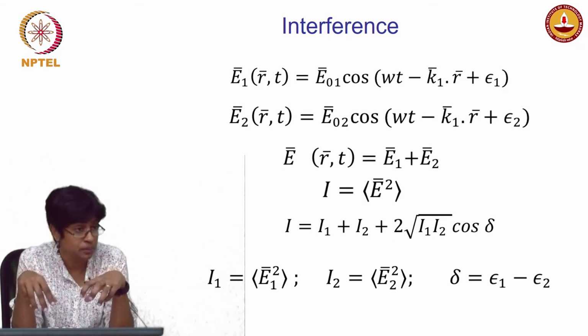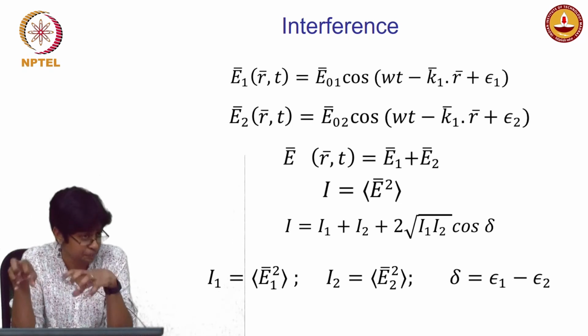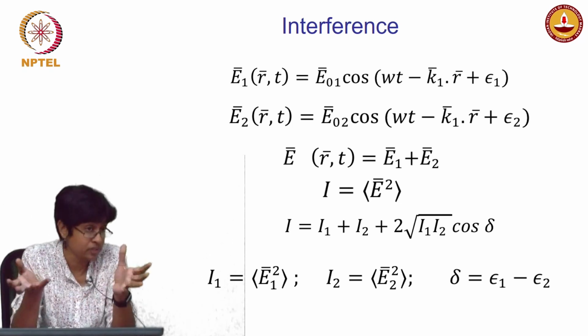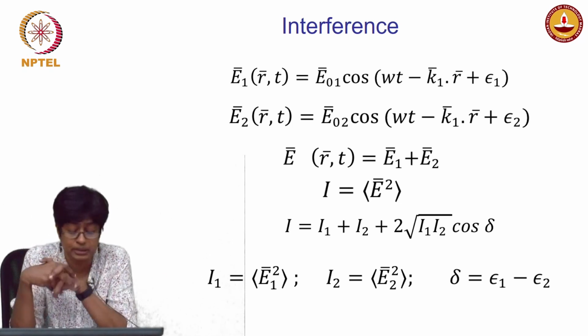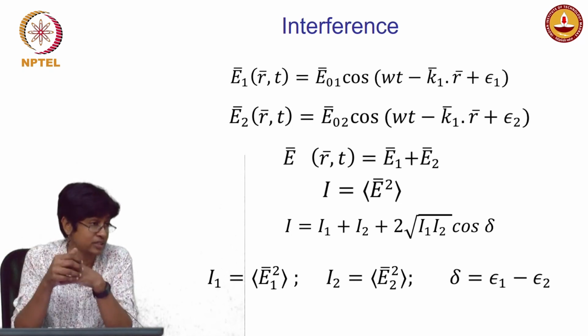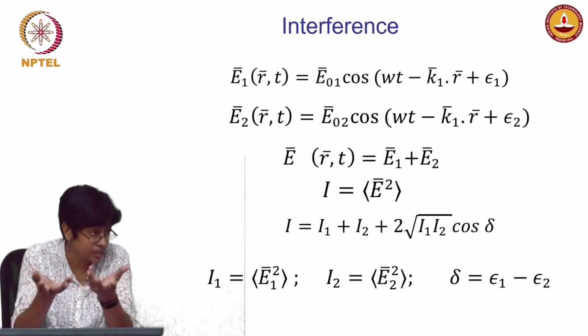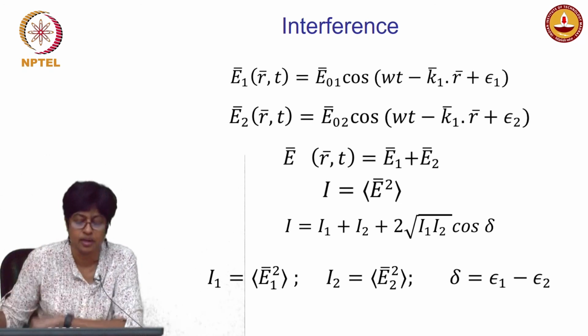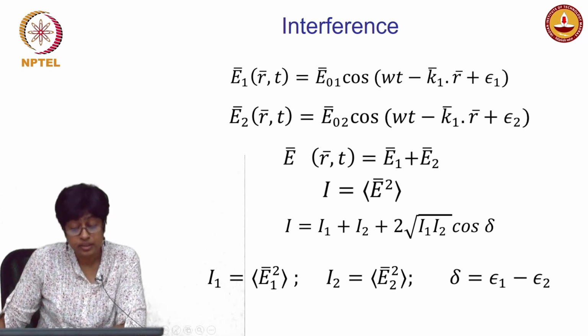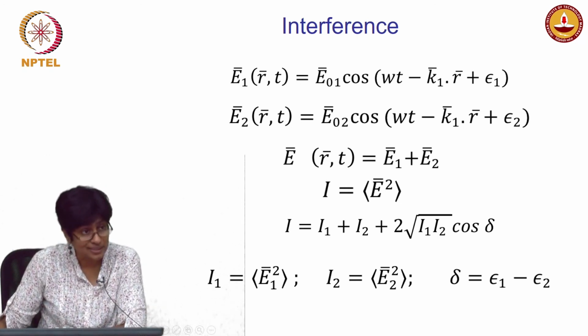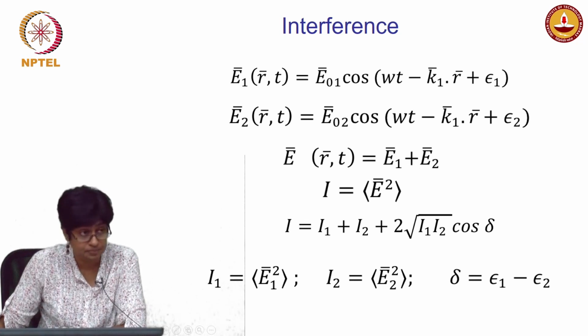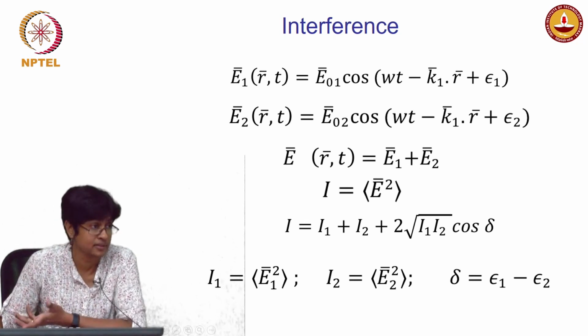So, I have my two beams here, they each have different phases and different amplitudes depending on how they have been split, and maybe one has reflected off a sample and that may have very much weaker amplitude. The interference is nothing but taking the sum of these fields and squaring this to get the intensity.